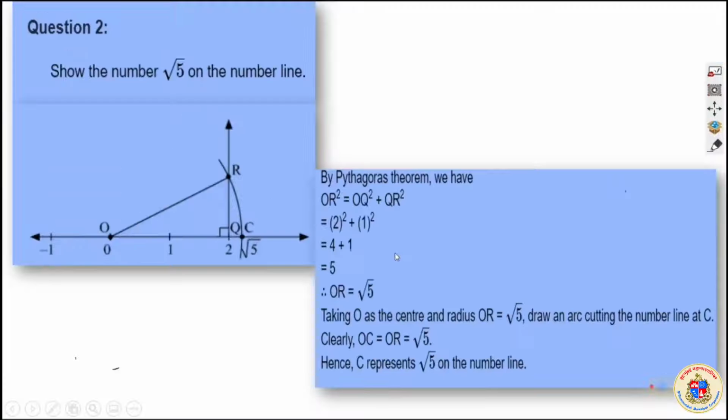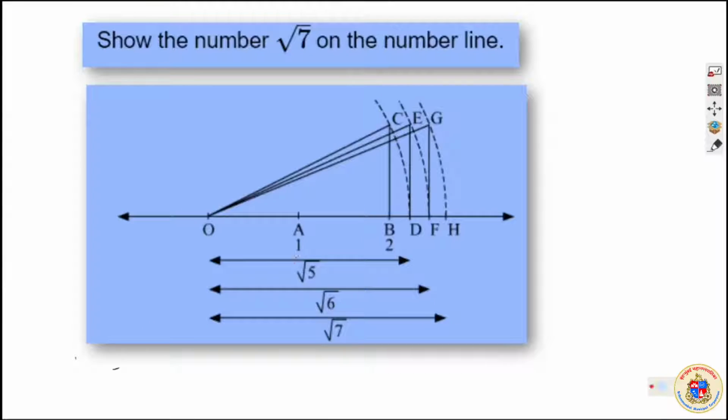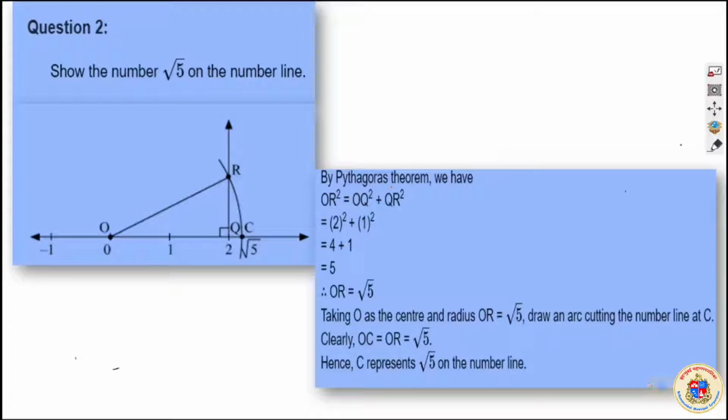Then root 5. To draw root 5, you should create an equation in this format, where length of one side of the triangle must be equal to 2 and the other must remain at 1.